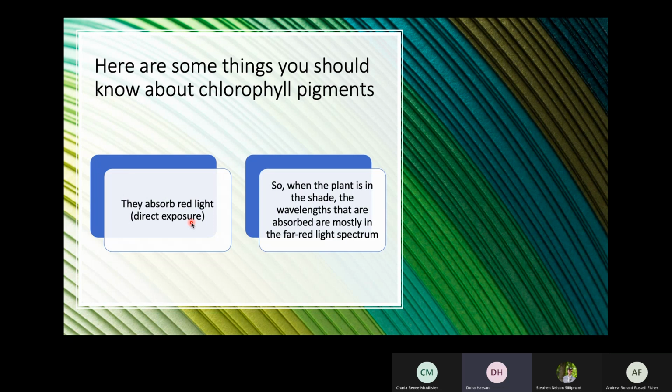So when the sun is beaming down on the plant, they're going to absorb mostly red light. But when the plant is in the shade, or it's getting kind of secondhand light, like it's competing with other plants and it's not getting as much sunlight and it's mostly shady, then they're going to absorb mostly far red wavelengths of light. So I guess that's the difference here.